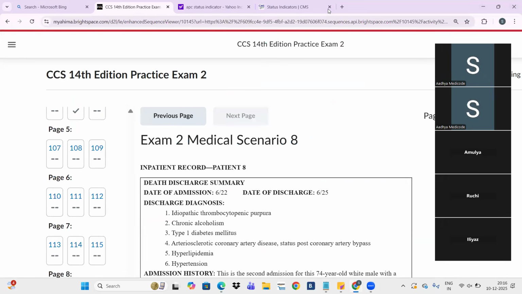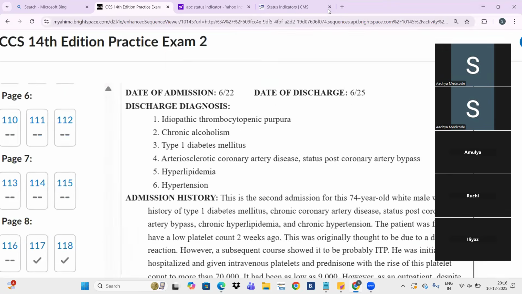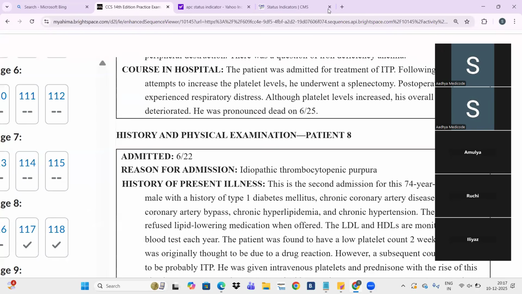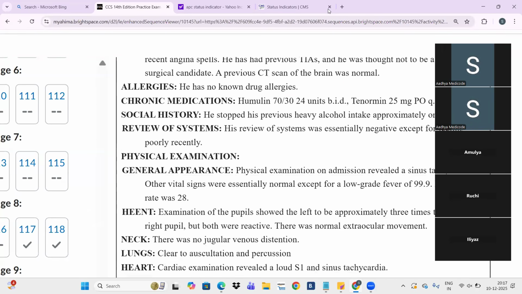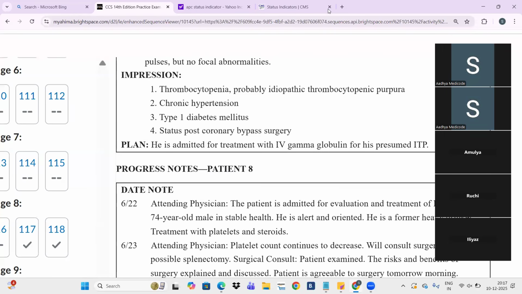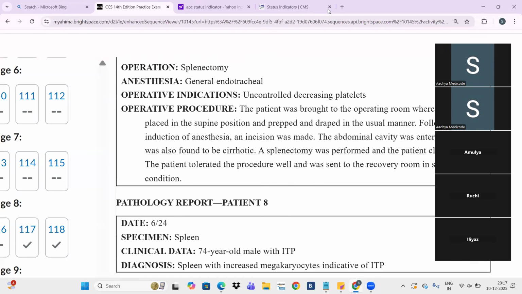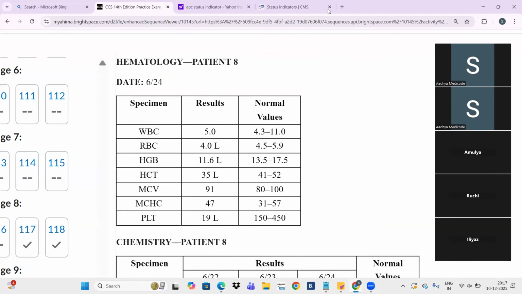You will get a case study like this, guys, and we need to identify everything in the case study: discharge diagnosis, admission history, HPI, past medical history, chronic medication, impression. Like this you will get a complete document, a 3 to 4 page case study.